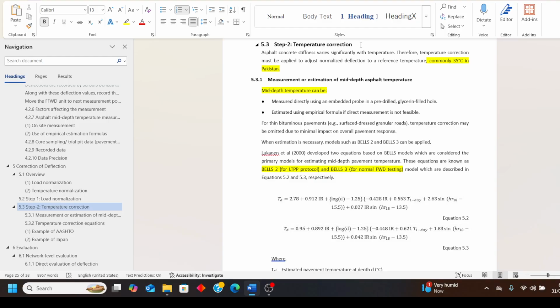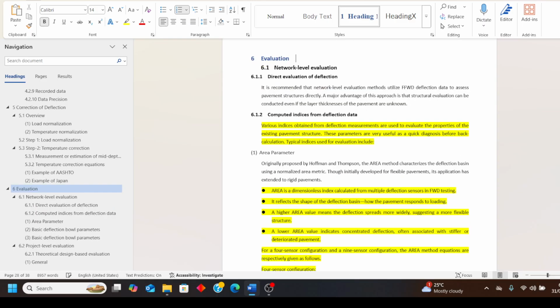So these two equations are important for the temperature correction.